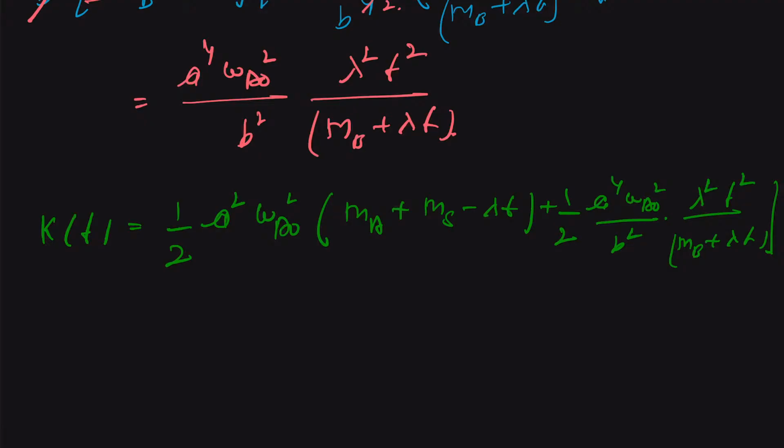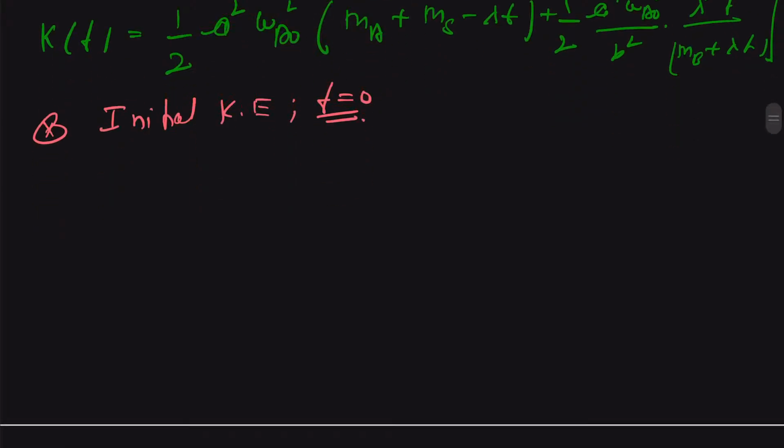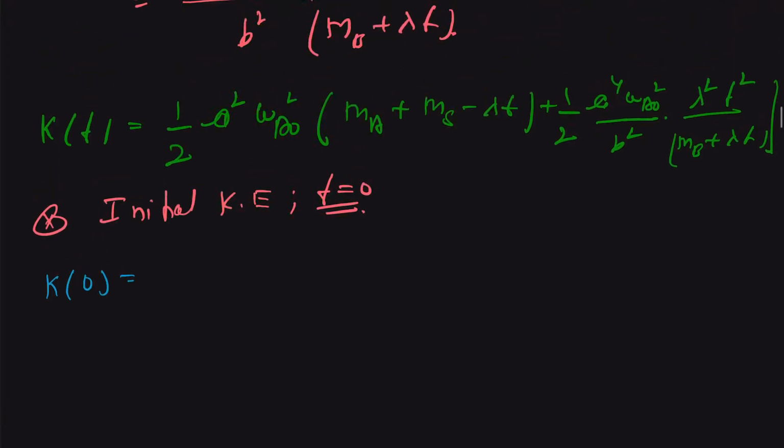And we can make a comparison between the initial kinetic energy and the final kinetic energy also. So we can say our initial kinetic energy means that at t equal to 0, and we can write K of 0, and we simply substitute 0, so this term goes away and this entire term vanishes.